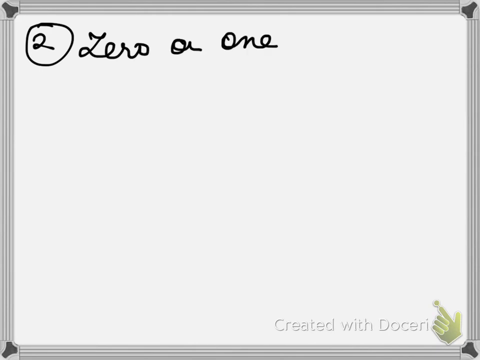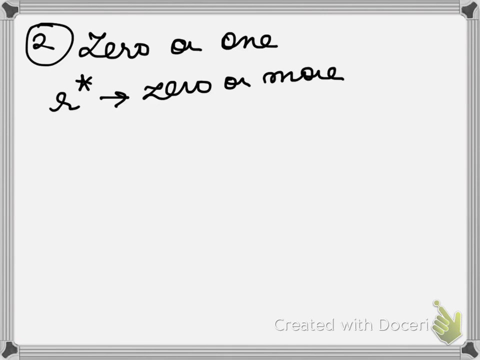The second extension is 0 or 1. Again, r star means 0 or more. But for 0 or 1, that means you can have repetition of only 1.